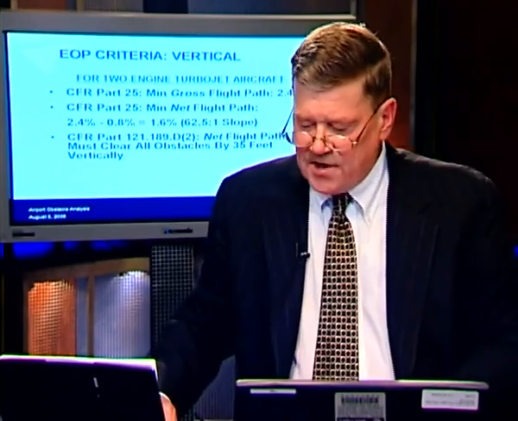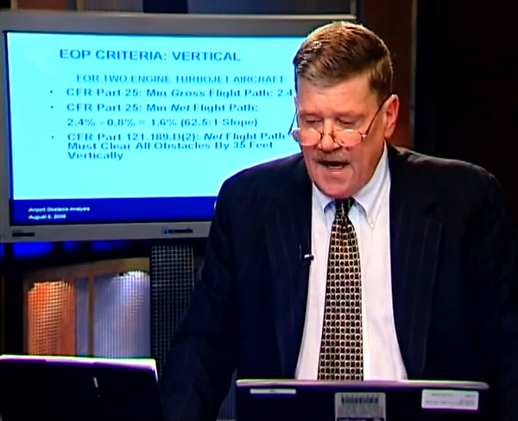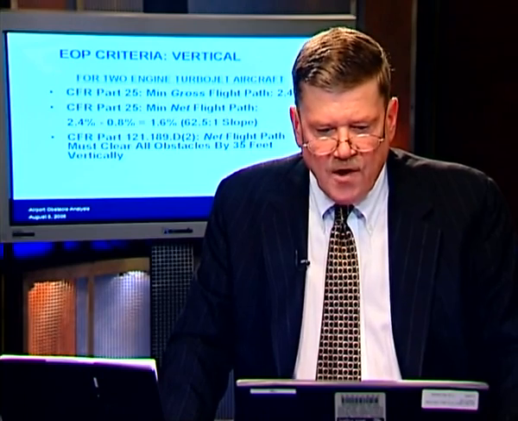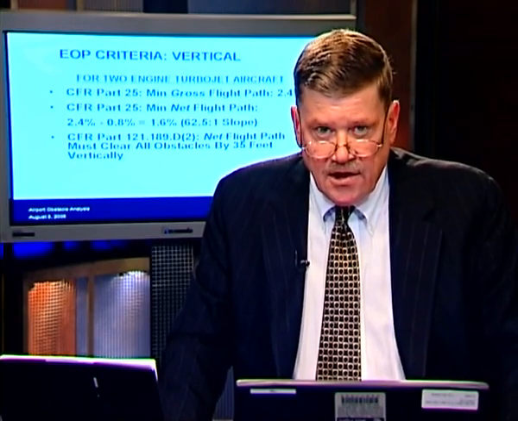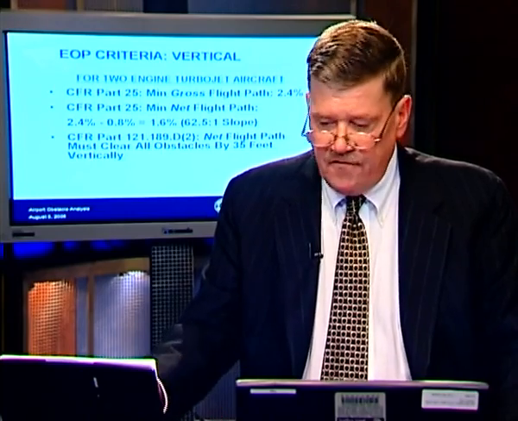Now, I don't want to get all wrapped around the axle with these numbers because, like I said, we don't want to make you aeronautical engineering experts. I just want you to be aware that there's something called a net flight path out there because 121.189 clearly states that the net flight path must clear all obstacles by 35 feet vertically.